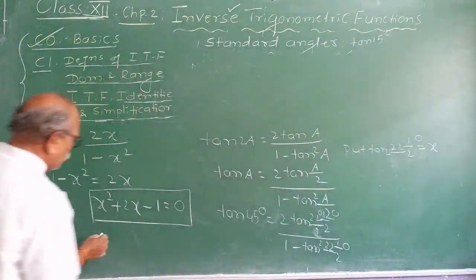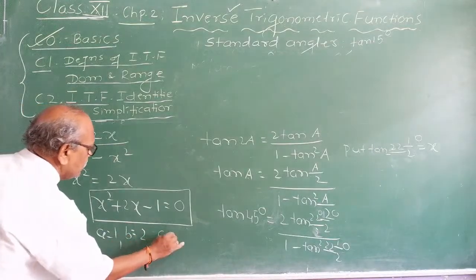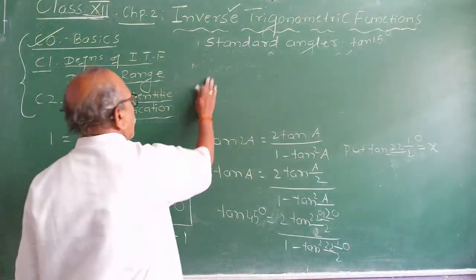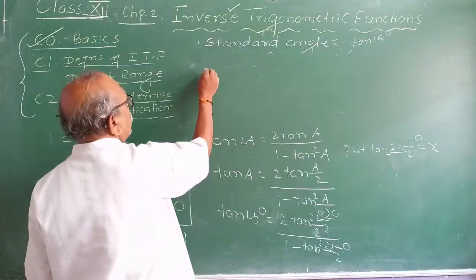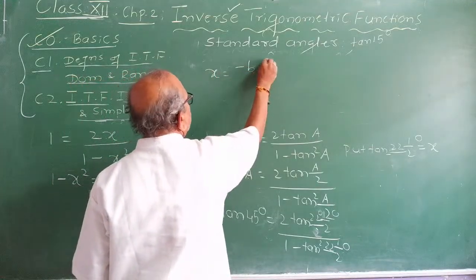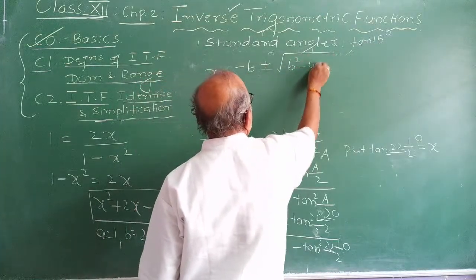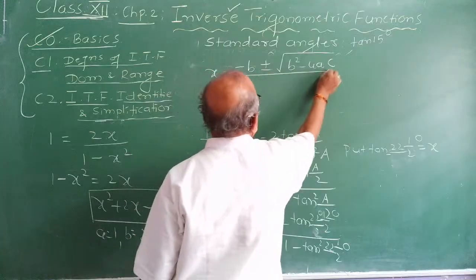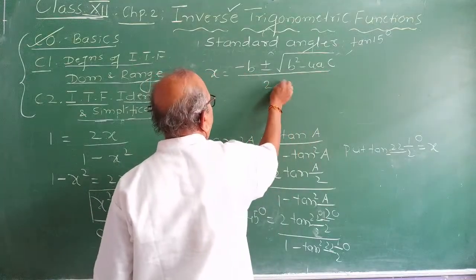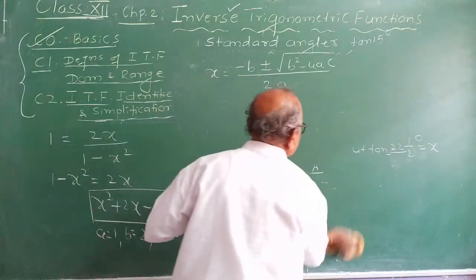Here A is equal to 1, B is equal to 2, C is equal to minus 1. Now to get x, you can write minus b plus or minus root of b square minus 4ac upon 2a.